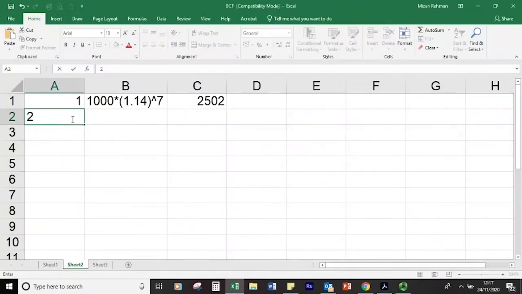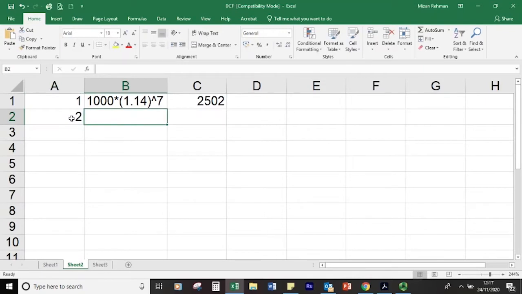Number 2, what are we going to do? We're going to receive £2,500 in 7 years' time. So all we need to do is multiply £2,500 with the value of £1 received after 7 years under 14% cost of capital.